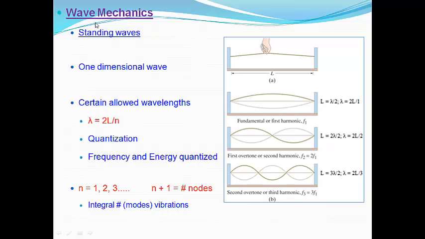Now, the description of a standing wave is such that we can describe the wavelength lambda in terms of this formula here, 2L over n, where L is the distance that the wave is vibrating within, or the region of space that the wave is confined, and n is an integer, a whole number, which changes depending on what the frequency of vibration is.